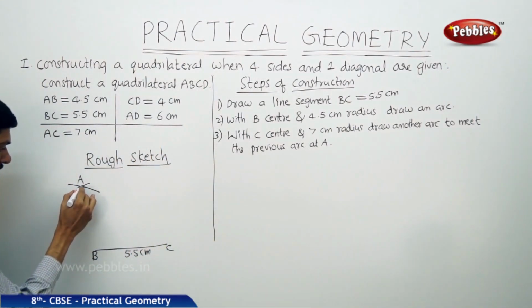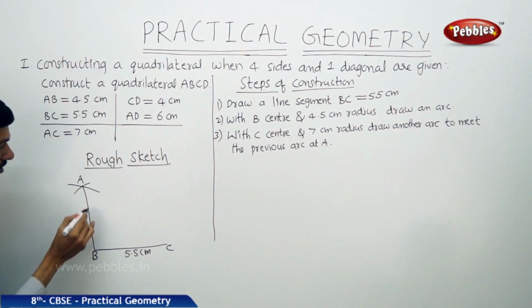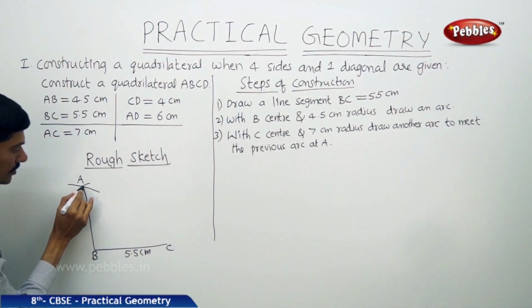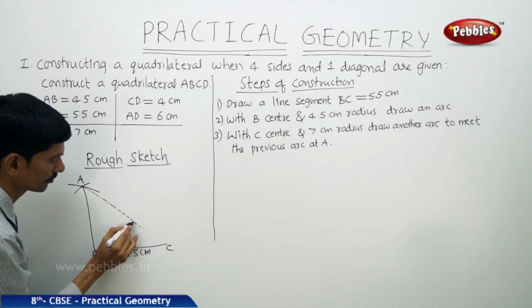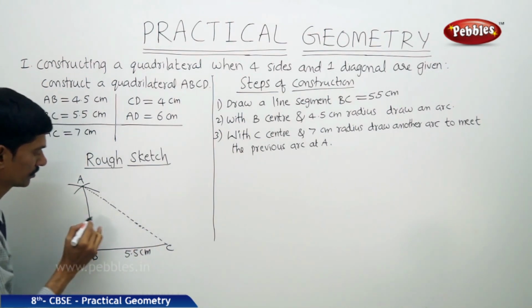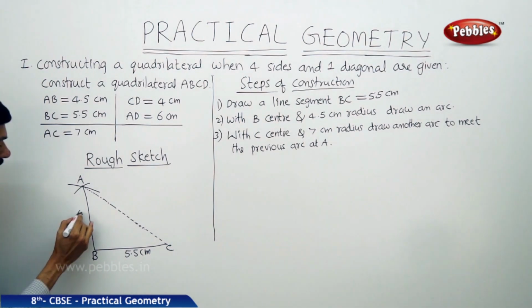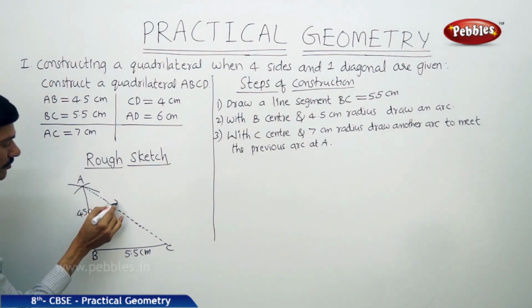So join AB, then join AC. Here AC is the diagonal of the quadrilateral, so let us draw a dotted line. Here AB is 4.5 centimeters and AC is 7 centimeters.